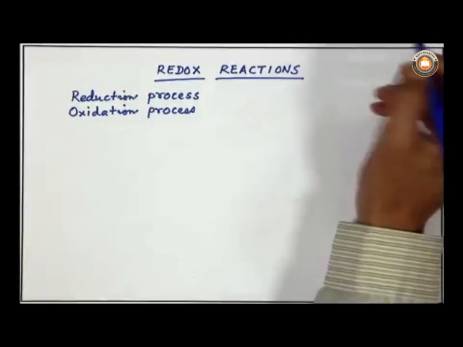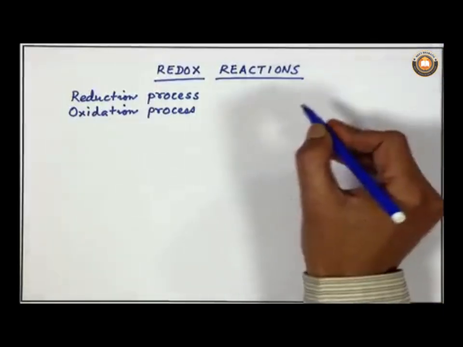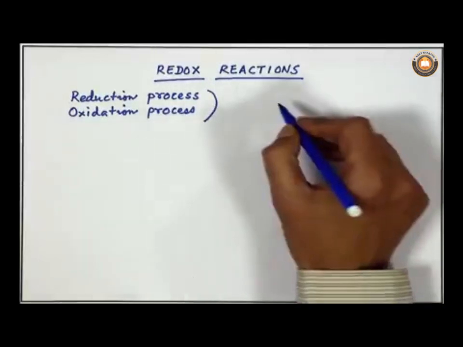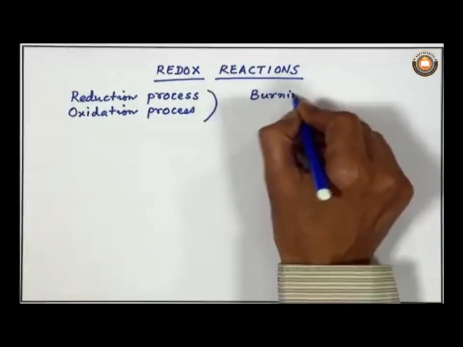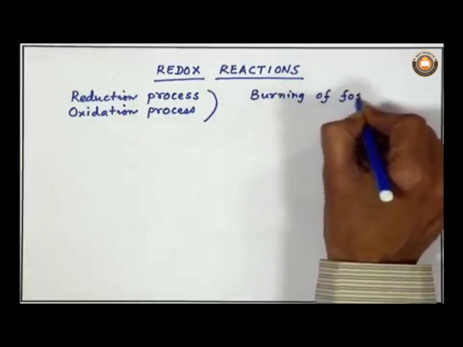And studying this has serious implications on several aspects of activities, particularly when we study from our early school days the process which we know is the burning of, say, fossil fuels.